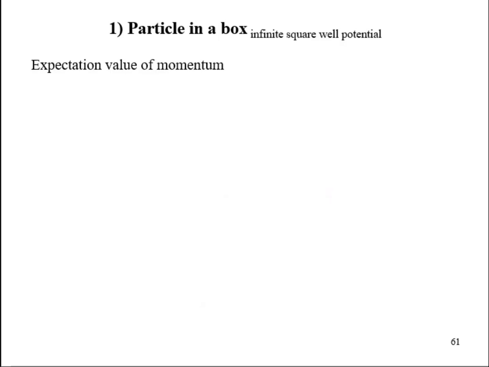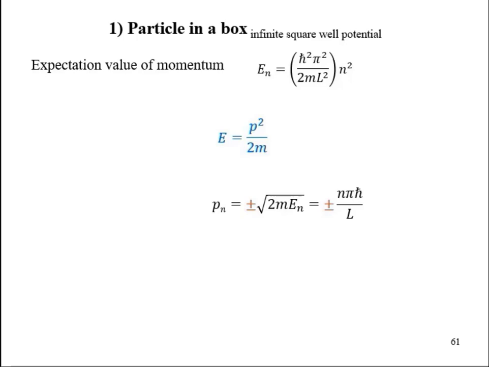And we will do it by energy eigenvalues. Since the energy of a particle in the nth state is given by this, the energy can be written in terms of momentum, and so momentum can be found in terms of energy, and if we put the value of energy En here, we get Pn equal to plus minus n pi h bar by L. Here the plus sign shows the value when the particle is moving along the positive x-axis and the minus sign shows the value when the movement is in the negative x-axis.